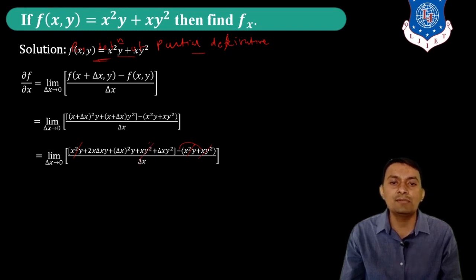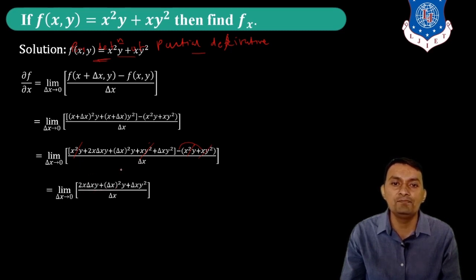Whenever we simplify, we get 2 times x delta x y plus delta x raised to the power 2 times y plus delta x into y square, divided by delta x. But whenever you divide by delta x, you are going to get 2 times x y plus delta x into y plus y square.